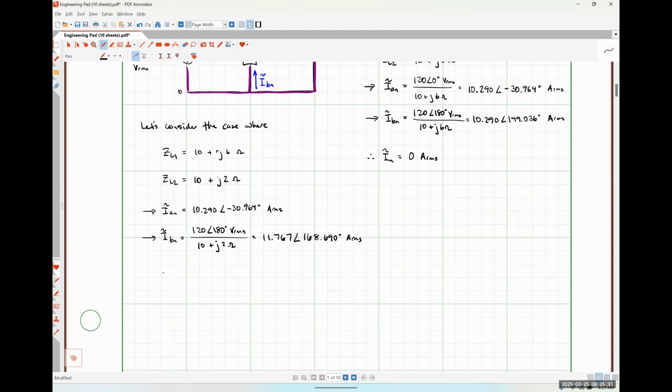And our neutral current in this case is still going to be just negative IAN plus IBN.